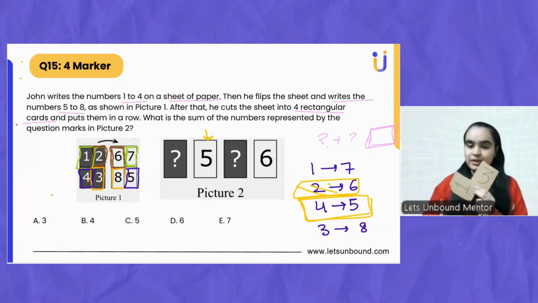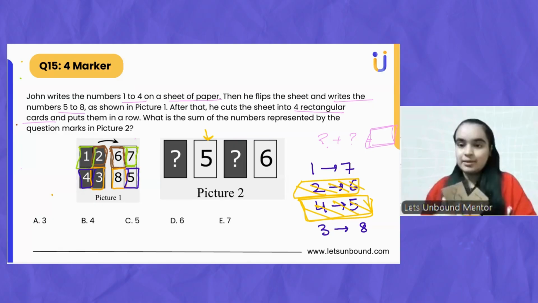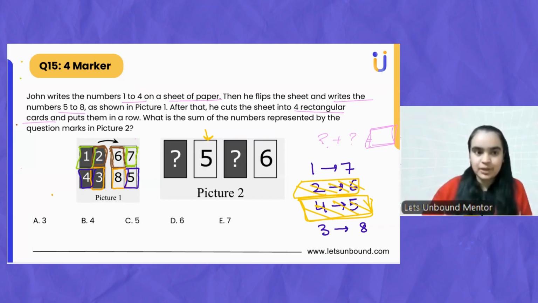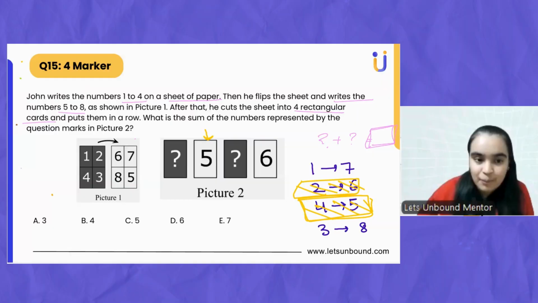So we cannot write this and this over the question marks. Now we are left with 1 and 3, or we can say we have 7 and 8. But we need to focus on the black sheet, only the black sheet. So the numbers from the black sheet which are left over are 1 and 3, right?